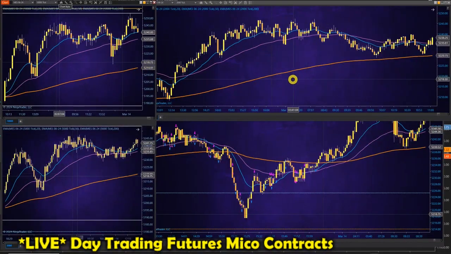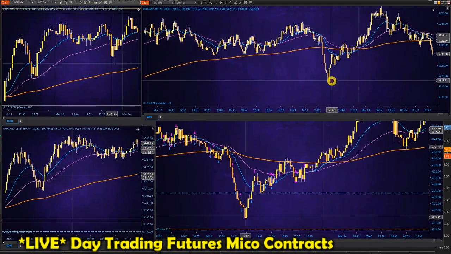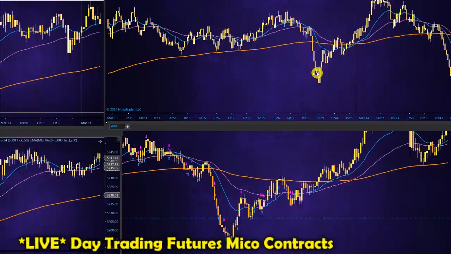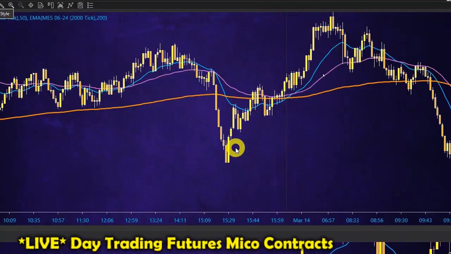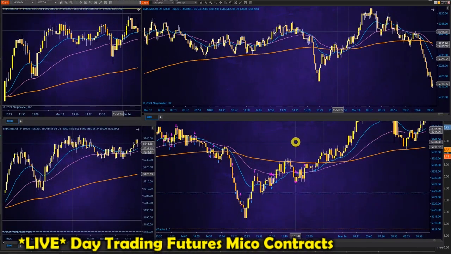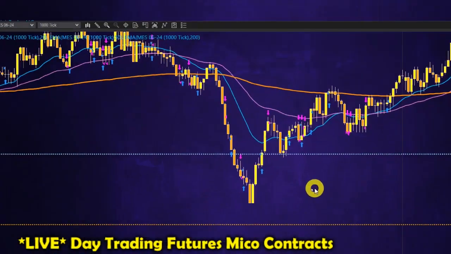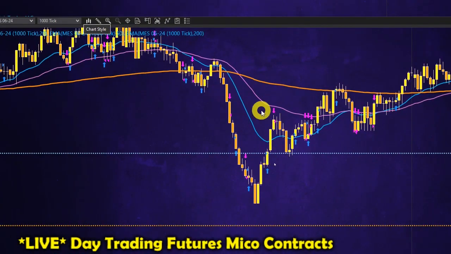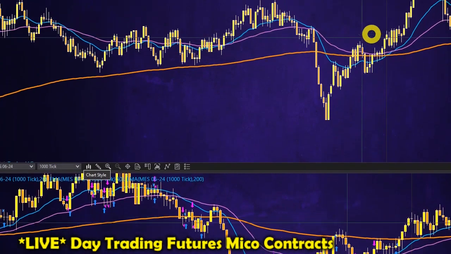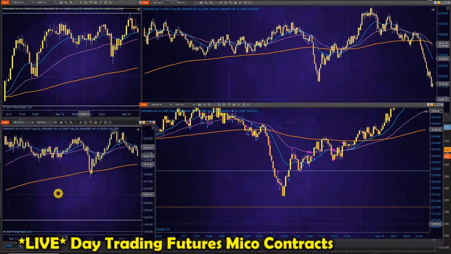So when it pulls back like that, let's see what we got here. This is the 2,000 tick chart, and you see everything drop below all the moving averages. That's why it's the danger zone, because sometimes, here's what it looks like on a 1,000 tick chart, it can reverse. Now, let's take a look at this right here.